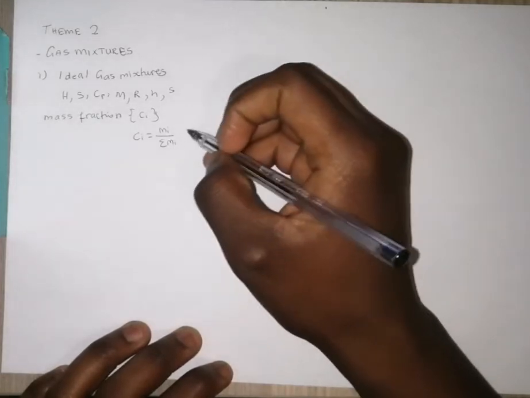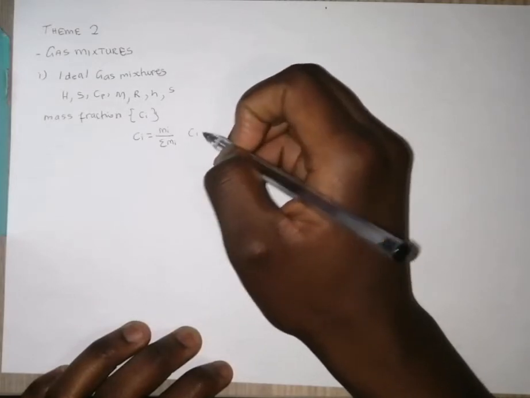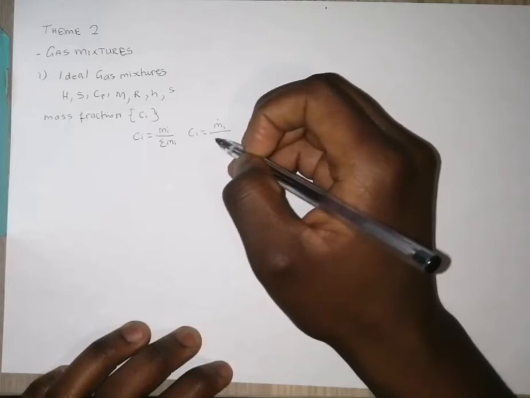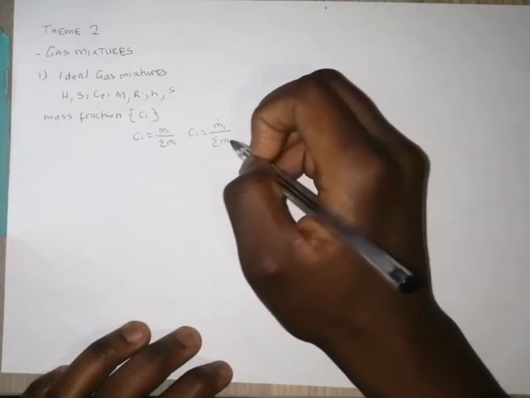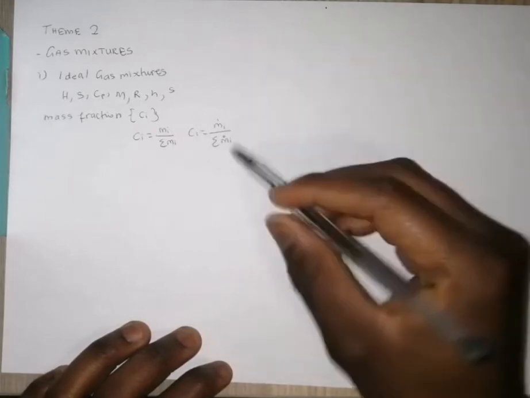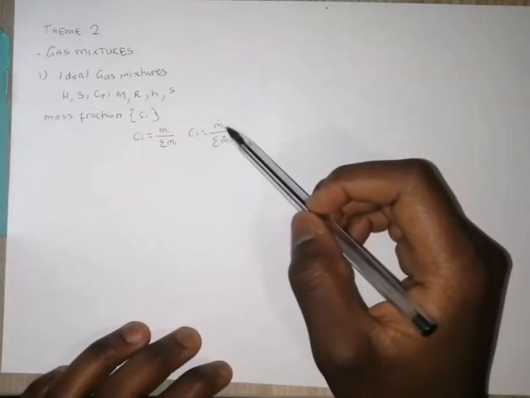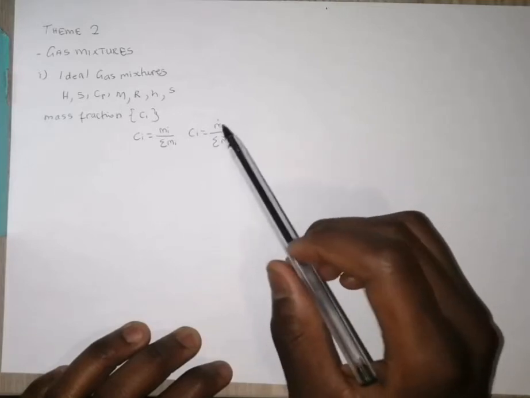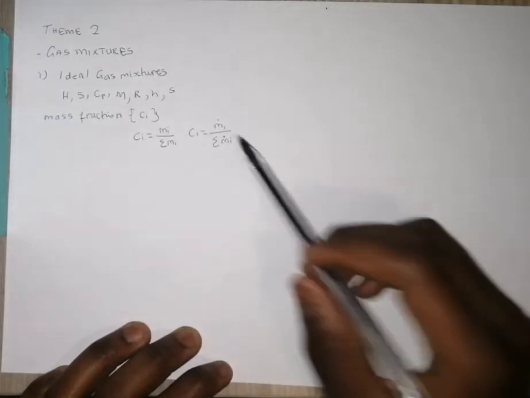This can also be in cases of mass flow rate. Each gas might have a different mass flow rate. Please observe here that this is a mass flow rate, this is a mass flow rate, and this is just a mass. So for mass flow rate, you can also do the same, which is just a fraction.